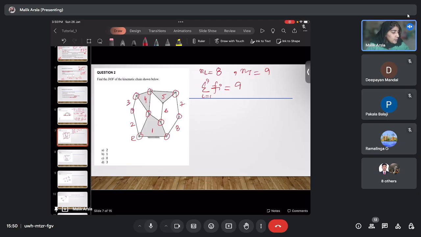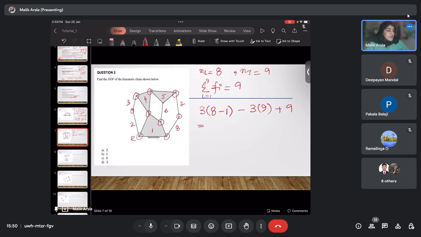Now putting it in the formula: 3 into n, where n is 8, minus 1 because we have only one fixed link, and then minus 2 into the number of kinematic pairs, then plus the summation of degrees of freedom.